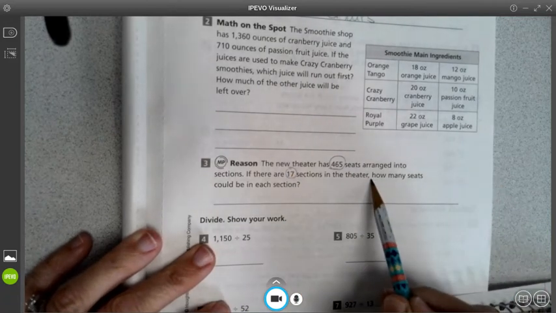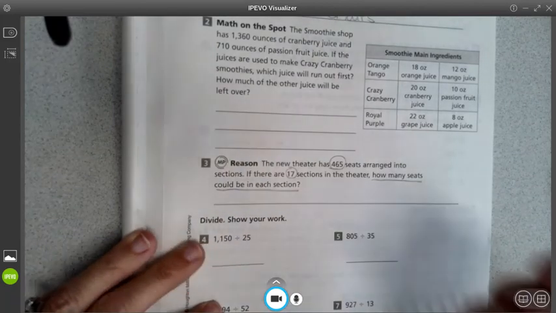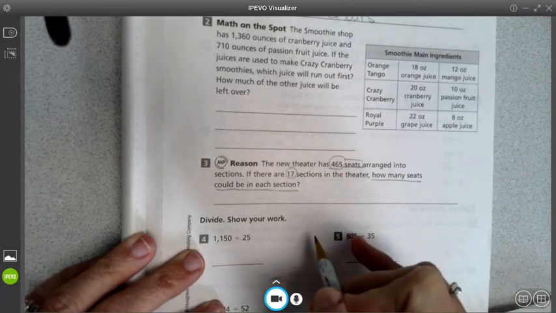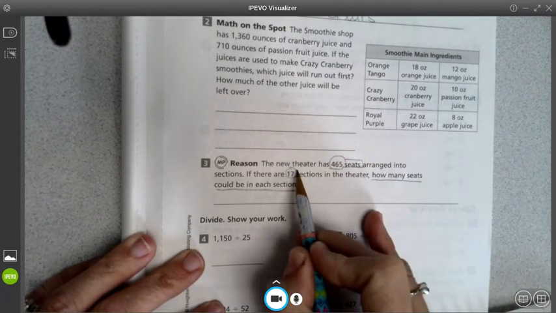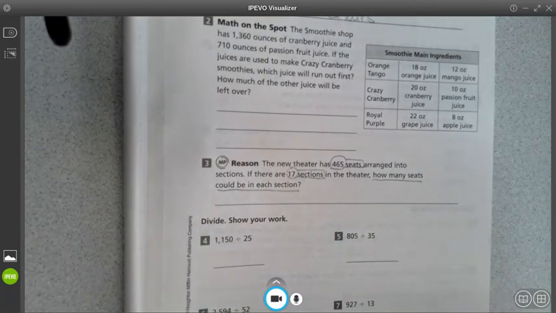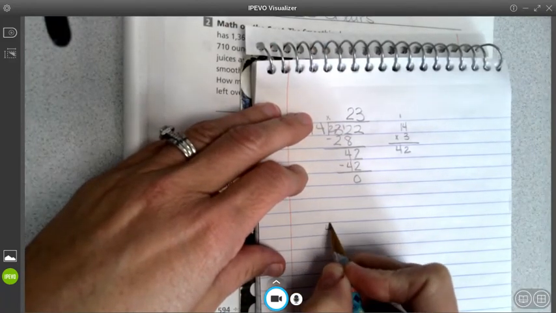We're being asked to find how many seats could be in each section. And again, it's important to remember 465 is representing the seats, and there are 17 sections. Now, it doesn't say equal sections. So let's see what happens when we do 465 divided by 17. I'm going to scooch down here in my notebook.